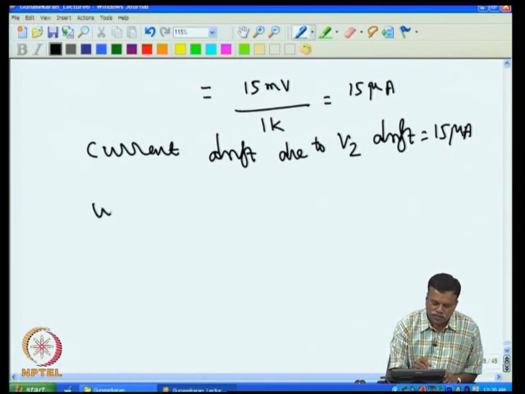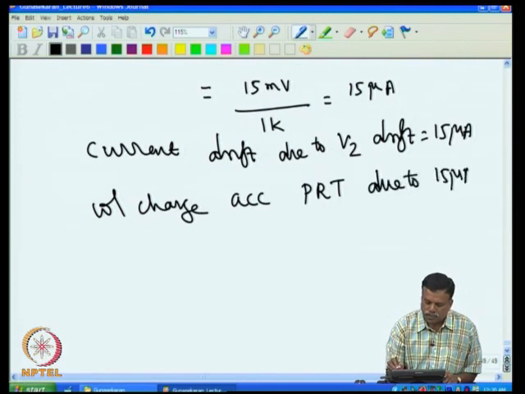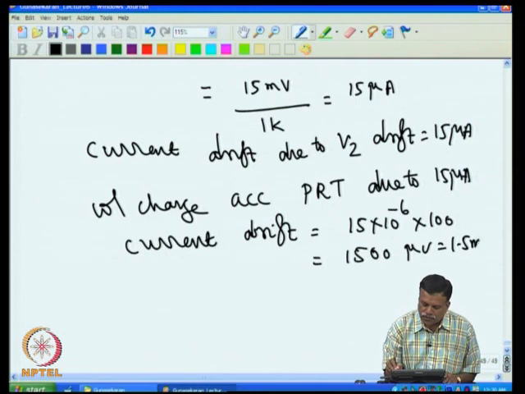So, the voltage change across PRT due to 15 microampere current drift will be 15 microampere into 100 ohms, that is 1.5 millivolt.